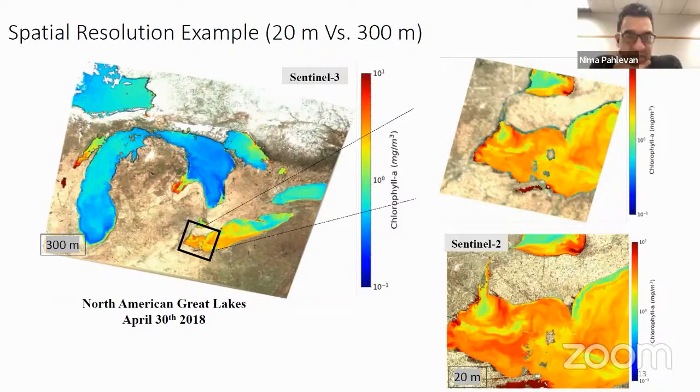So really the value of some of these higher resolution satellite observations like Landsat and Sentinel-2 is that you will be able to obtain information from nearshore waters or smaller bodies of water.